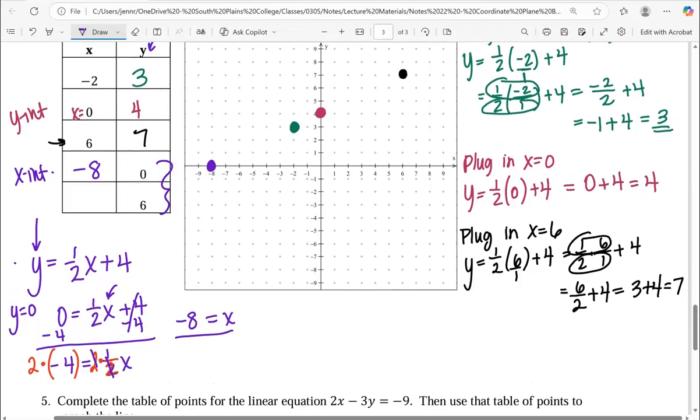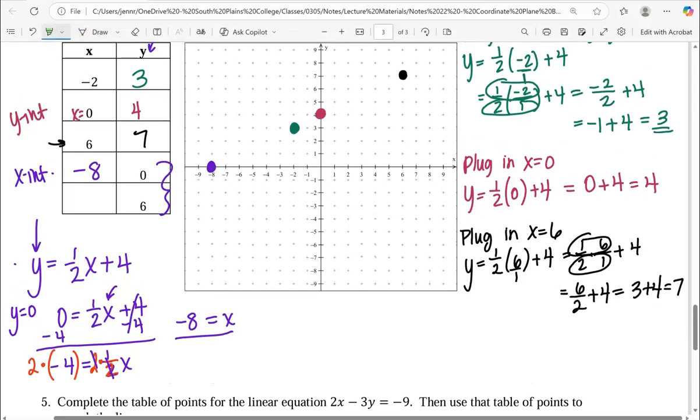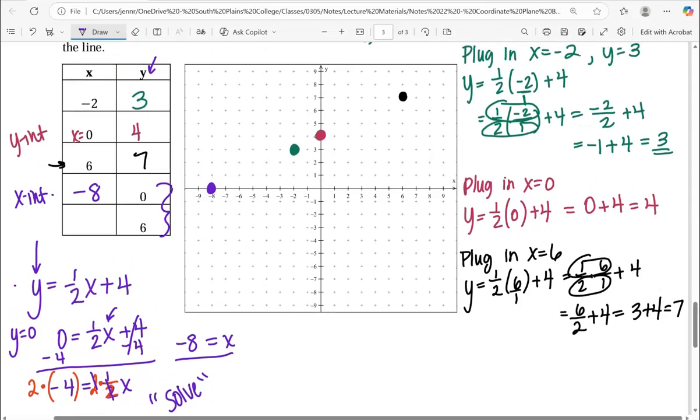Now, let's talk for just a minute. Why did I have to solve over here, but I didn't have to solve on any of these? Well, notice here, my y was already by itself.